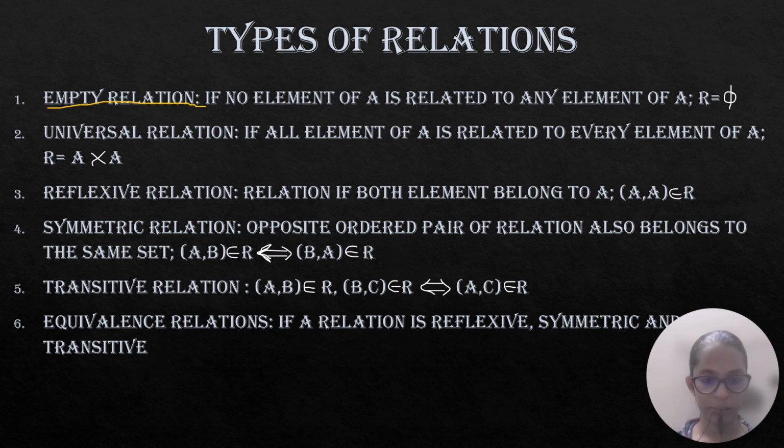Then the second type of relation we have is a universal relation, where every element of A is related.